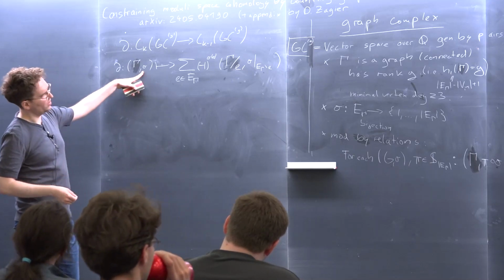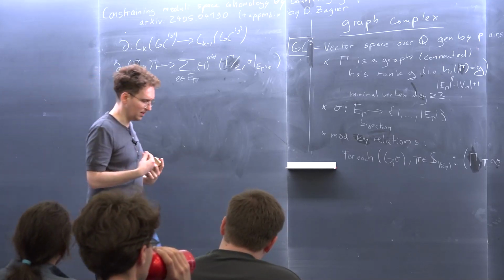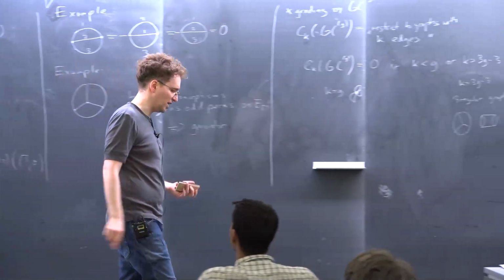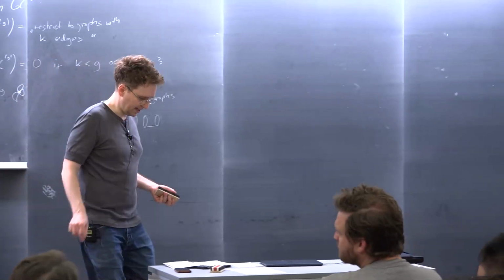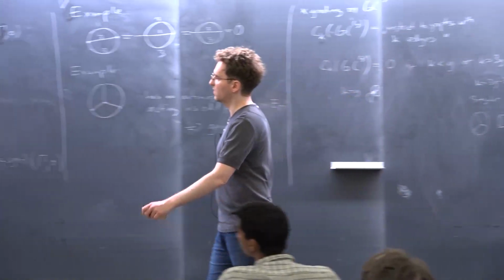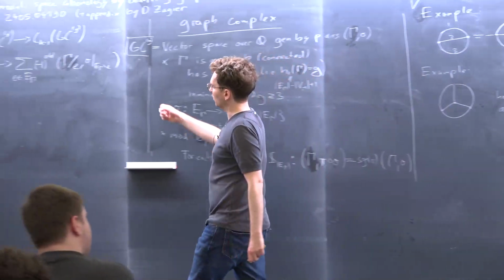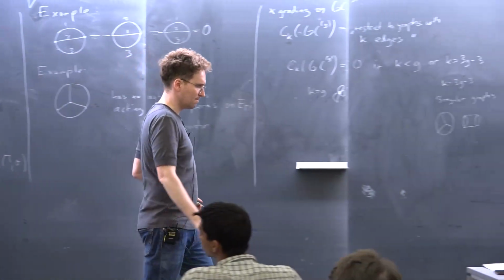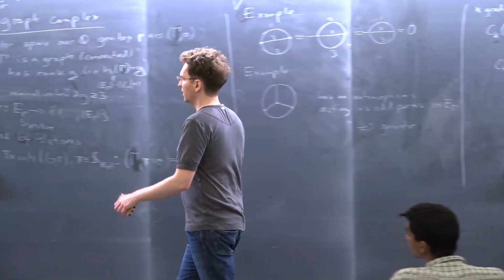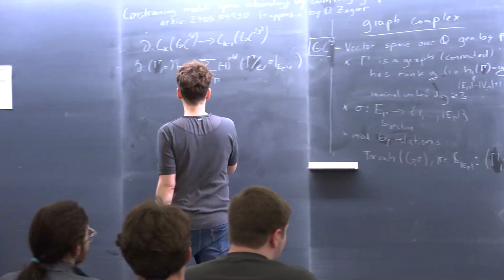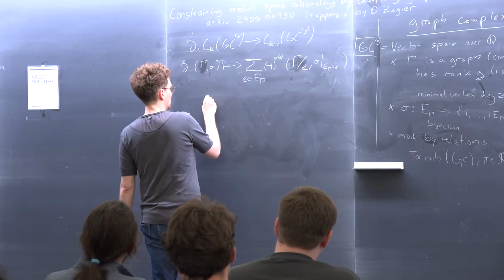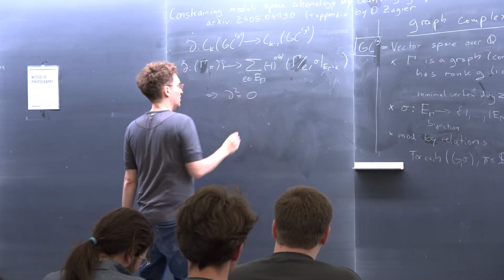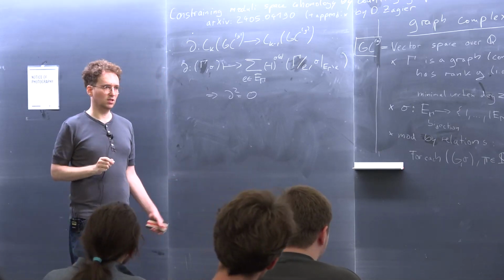So in a way, this boundary operator models that the boundary of a graph is the sum over all possible edge contractions of the graph, and we do this in a way compatible with this labeling of the edges. Now it's an easy exercise to check that this is an actual boundary operator.